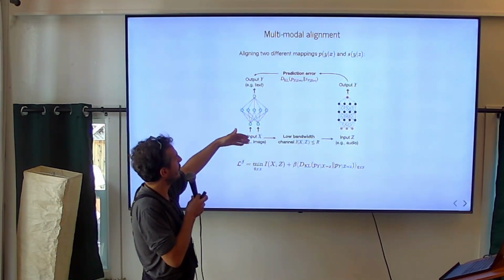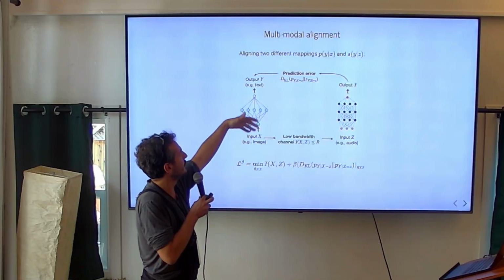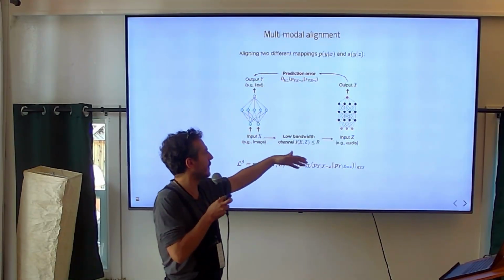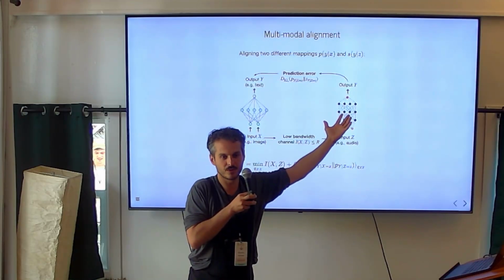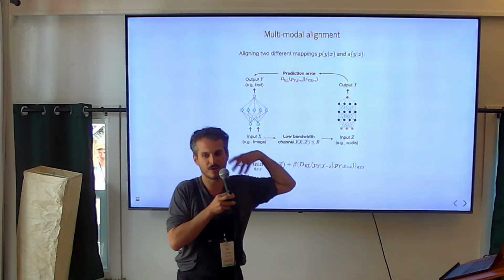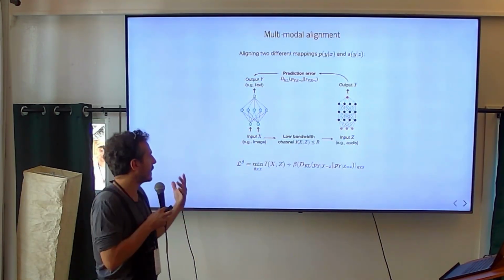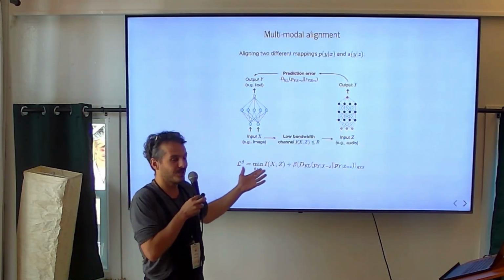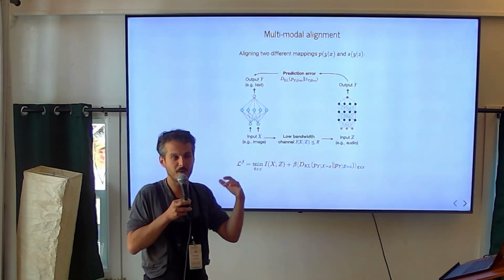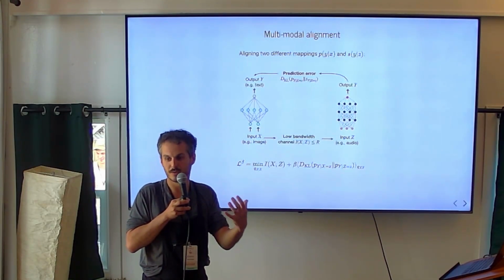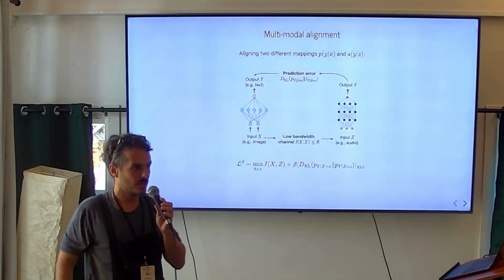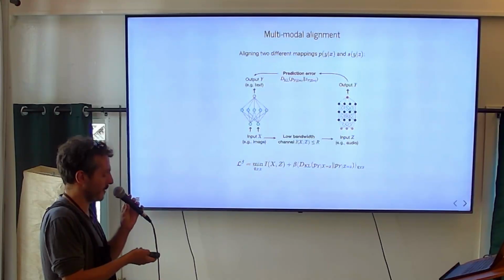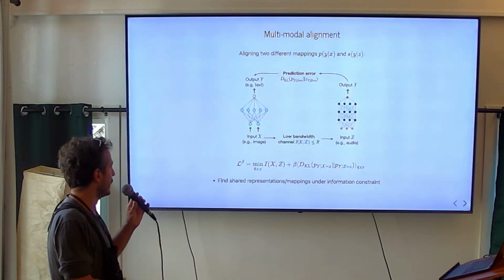Let's say I have one model that goes from images to classes, and another one that goes from audios to classes, so it labels the animals that you're hearing or the animals that you're seeing. We can still define this as a kind of alignment distance between different predictors, even if they have different spaces. I don't know where that goes. I think it goes somewhere, but I'm not sure.